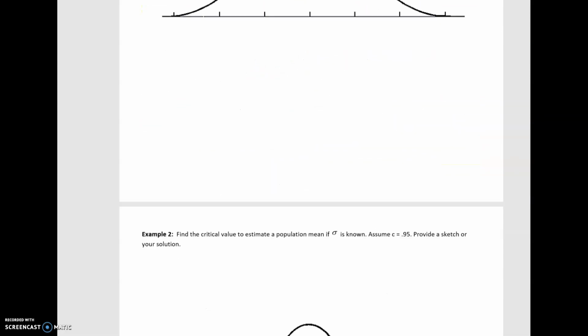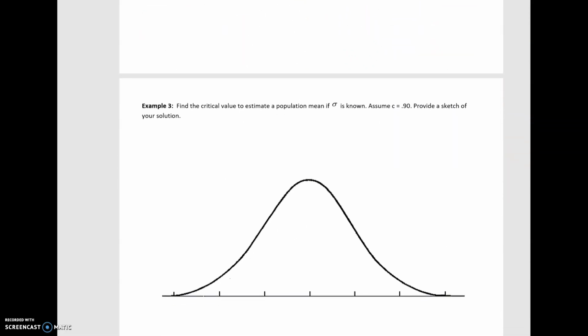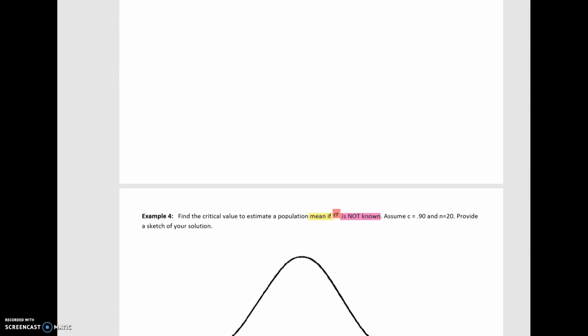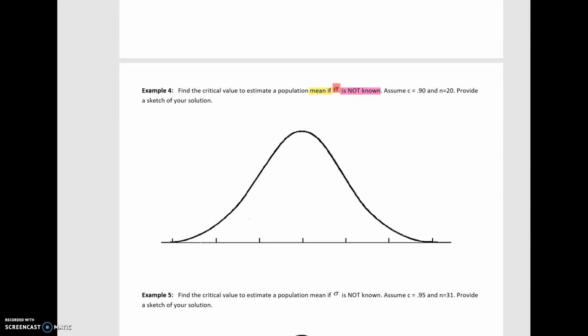Now, let's actually take a look at the problem since it's very similar to the previous scenario. If you have c equal to 0.90, then alpha is equal to 0.10, and alpha divided by 2 is equal to 0.05.